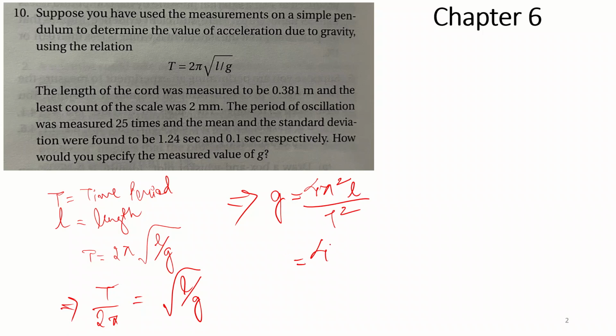Then put the value of pi, and the L value, 0.381, divided by T square, which is 1.24. How much are we getting? Has anybody got anything?